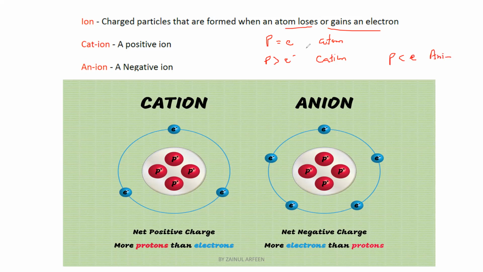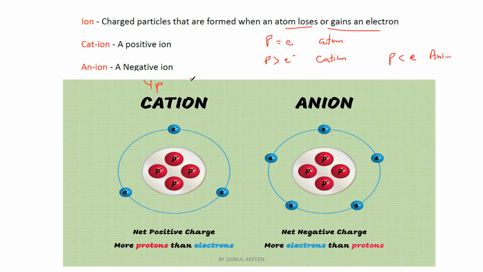So you can see in the first figure, how many protons are there? Neutrons are not shown because they are neutral. How many protons are shown? There are 4 protons in total. And how many electrons are there?